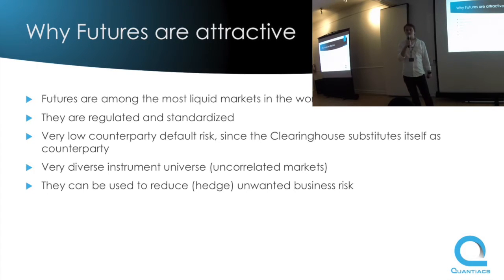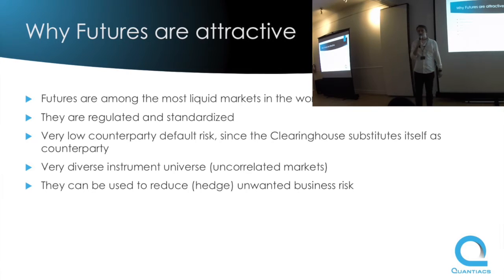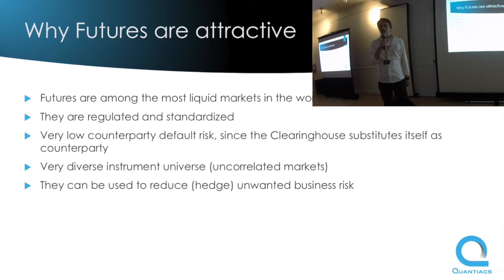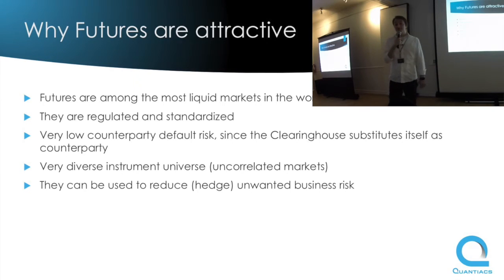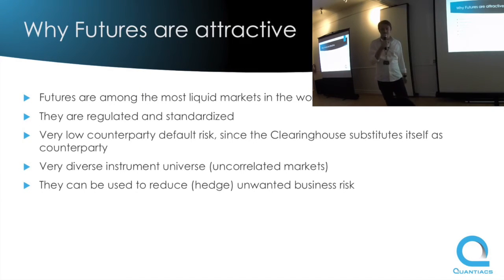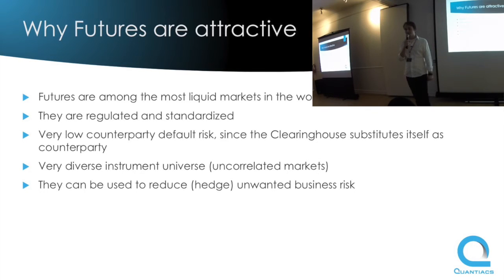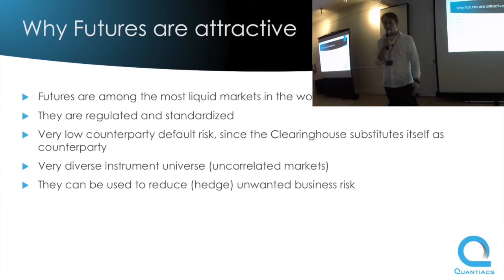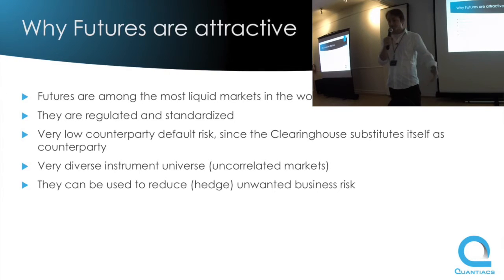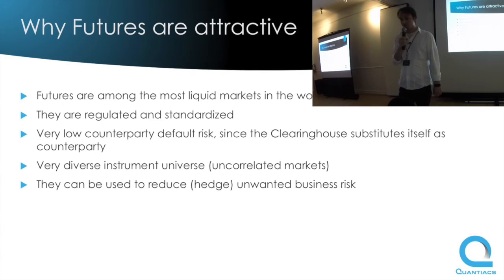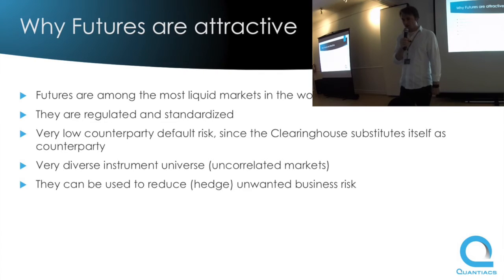So if you have a trading strategy that works well on many uncorrelated markets, you have a higher chance that this trading strategy works in all market phases. If we use the word market phase, usually market is used as a synonym for the S&P 500. So very diverse uncorrelated markets that can generate positive returns in all market phases and all circumstances.